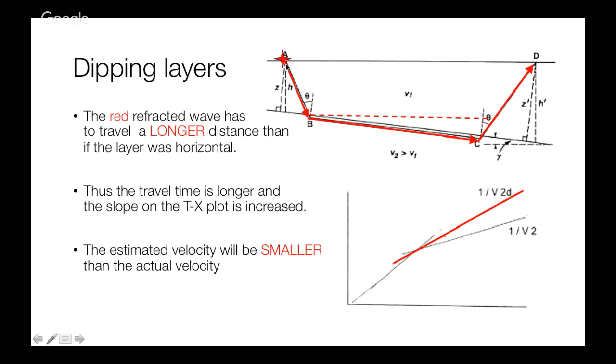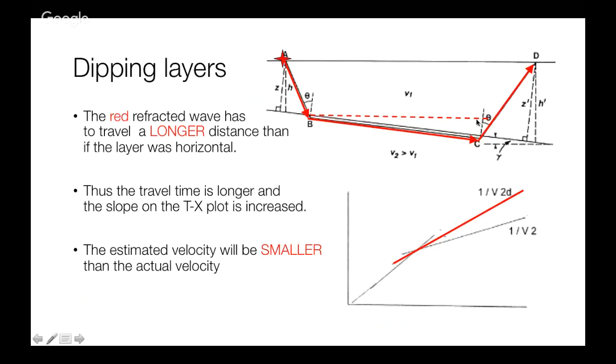Because the path here that we see for the up-dip shot is longer than the path we would expect if it was a horizontal interface, right? That dashed line would represent the horizontal interface that we would be expecting. And since we're up dip of the shot, our actual red curve here is traveling a further distance than it would if that was a flat line interface.